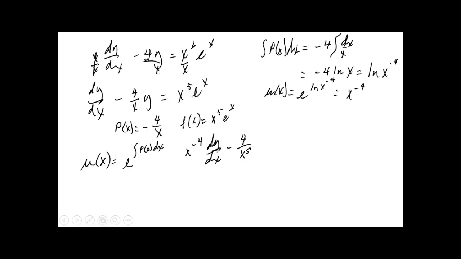You buy that? Okay. Times y is equal to, and x to the 5th times x to the minus 4th will just be x e to the x. Got it? Multiply everything on both sides by that integrating factor.